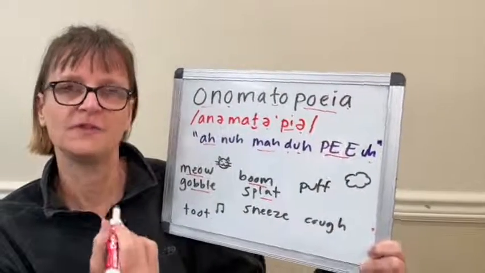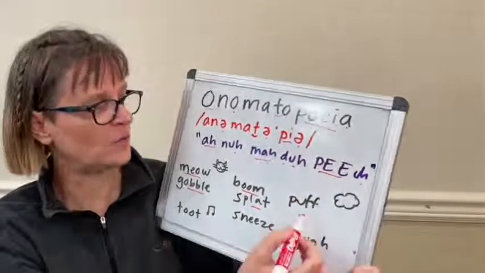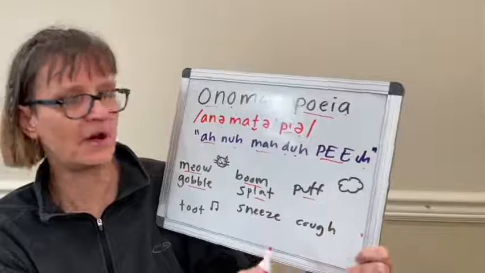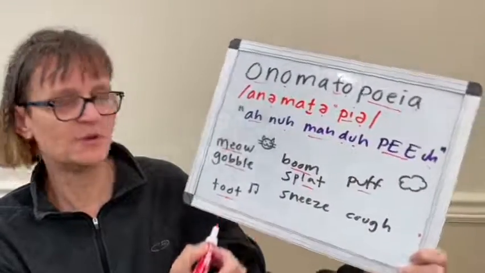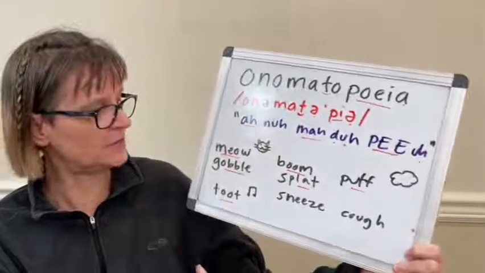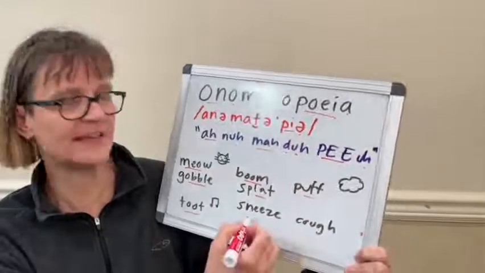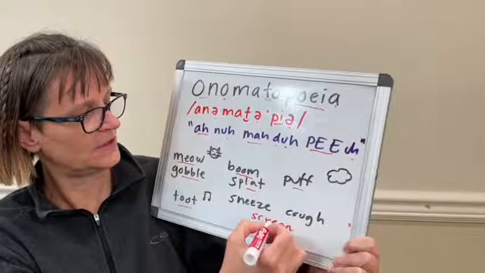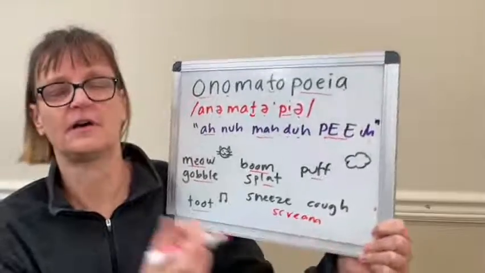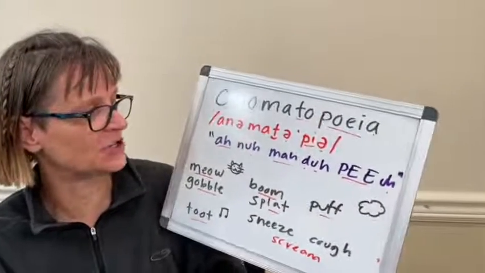We have words that represent noises from the movement of air or the movement of water, like puff or trickle. We have musical noises like toot. We have human-made noises like sneeze or cough or scream. These are all examples of the word being similar to the sound as it occurs in nature.